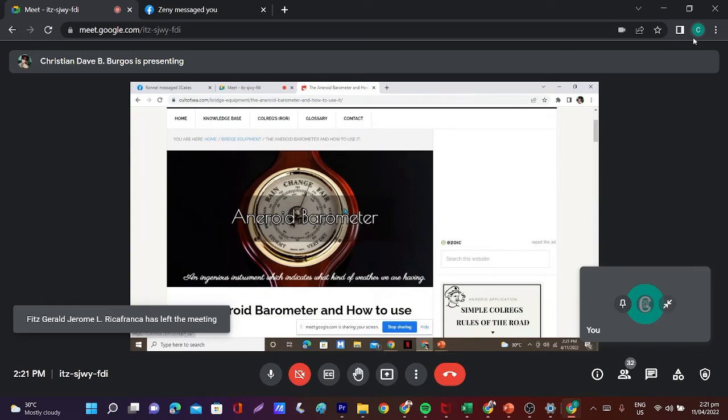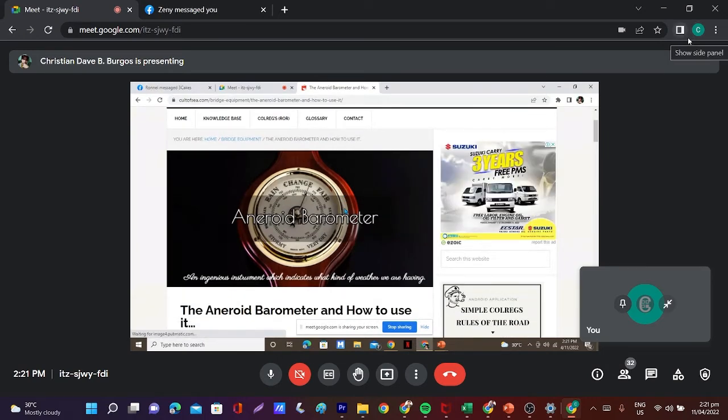Sa definition po kasi, si aneroid is a barometric instrument, a barometer made without the use lang po ng mercury or any other fluid. It consists po ng a small flexible metal chamber called an aneroid capsule. Doon po nakuha yung pangalan niya, sa aneroid capsule po.